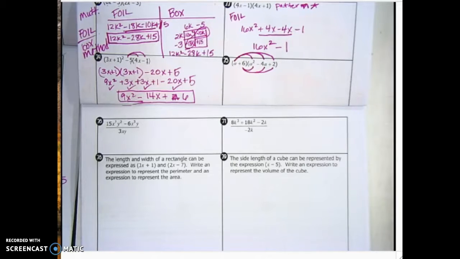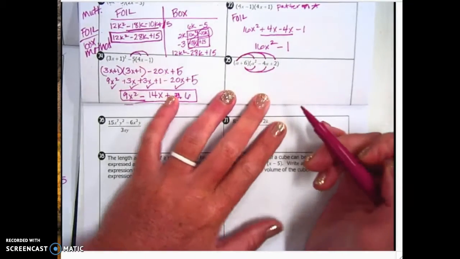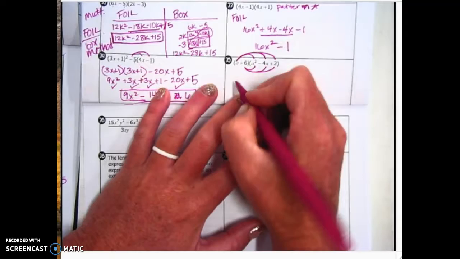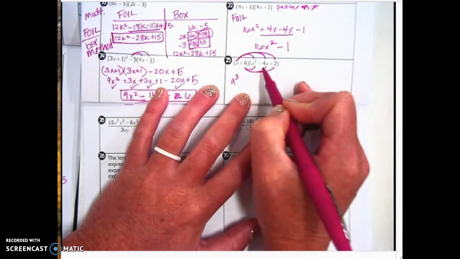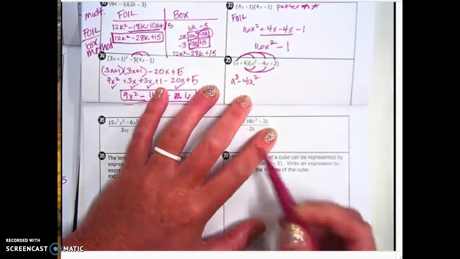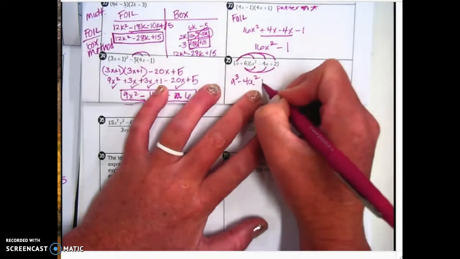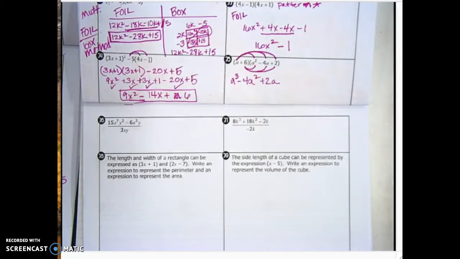So we're going to end up multiplying how many times? 6, right? 3 rainbows up top, 3 rainbows down the bottom. So a times a squared is a cubed. A times negative 4a is negative 4a squared. And a times 2 is 2a. So we've got the top 3 done. Now let's do the bottom 3.